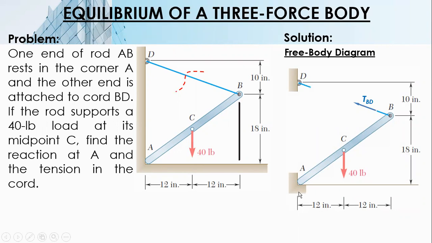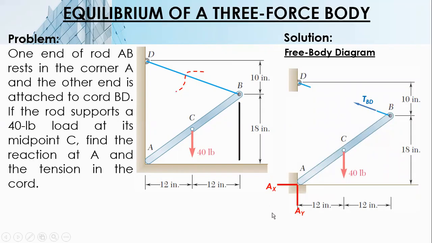And then at A, we have two components. When you analyze a rigid body, we have three unknowns and three conditions. So unknown number 1 and unknown number 2 are Ax and Ay. Now, it is a three-force body, but we have four forces.